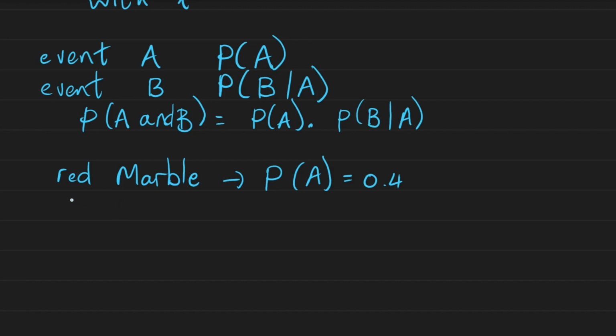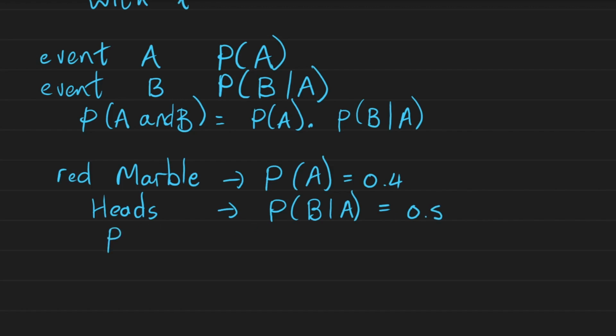Let's say we get heads, and this corresponds to event B, and this has a probability of 0.5.